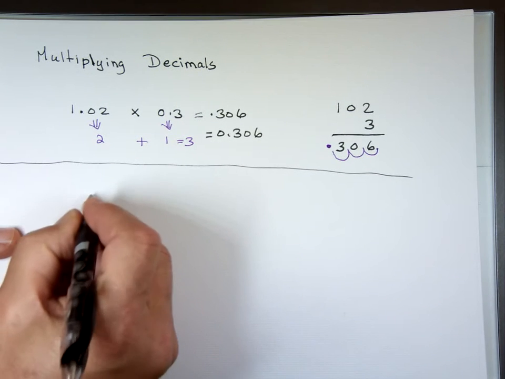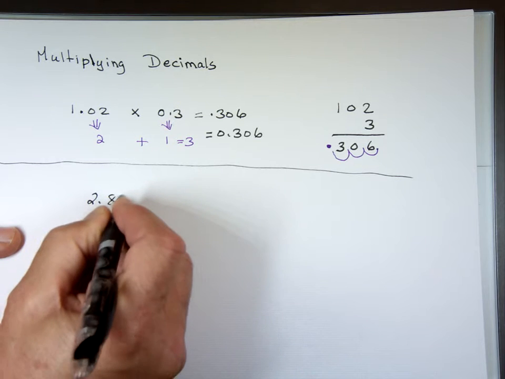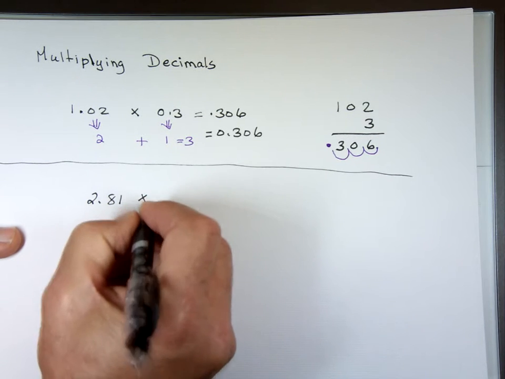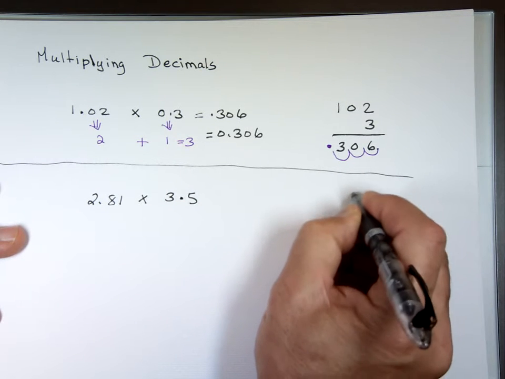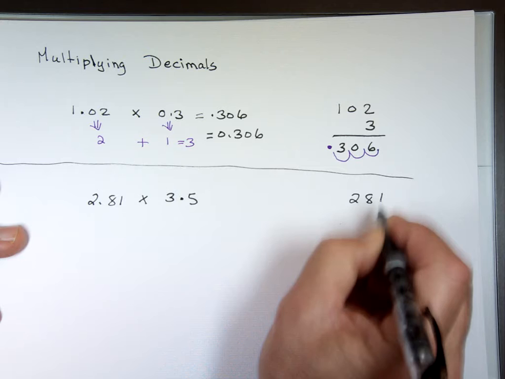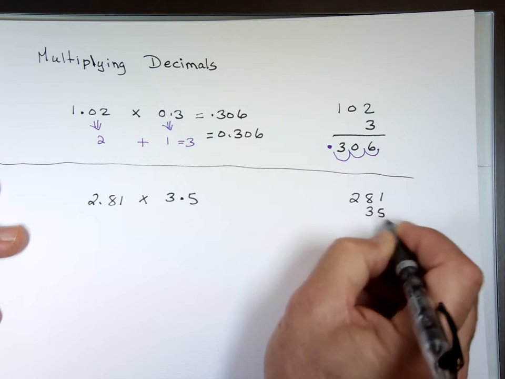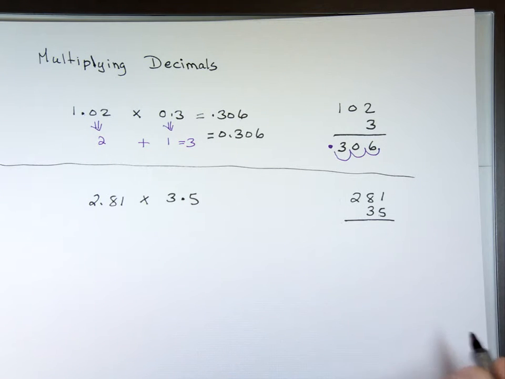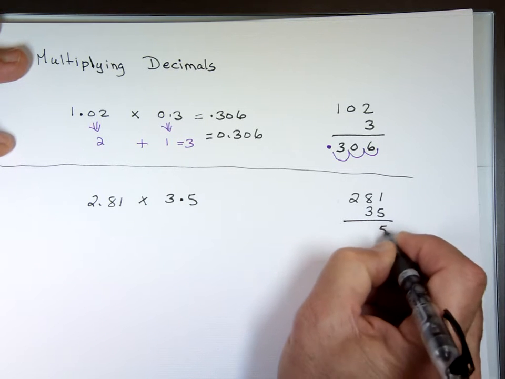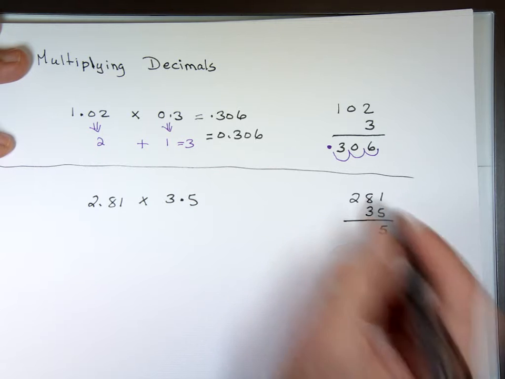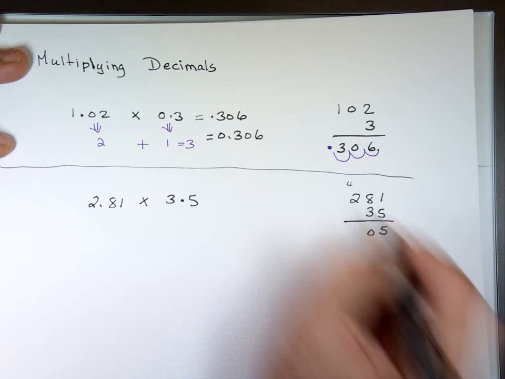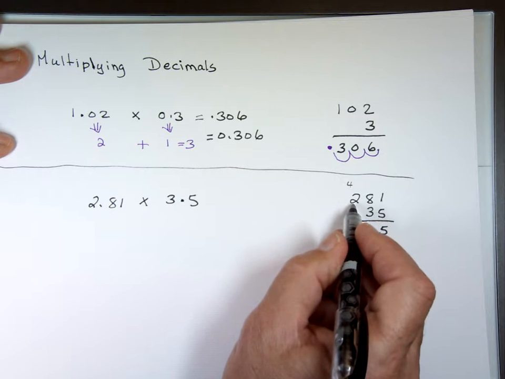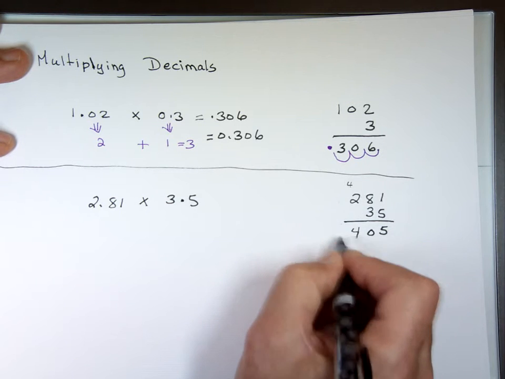Let me take another one. 2.81 times 3.5. Write the numbers without the decimal point. And let's multiply. 5 times 1, 5. 5 times 8, 40. 0, carry 4, right? 5 times 2, 10 and 4, 14.